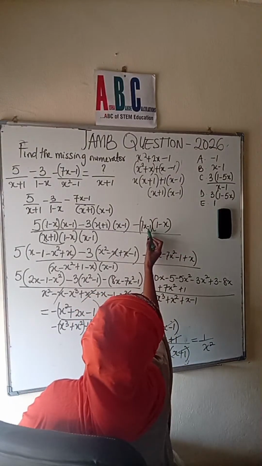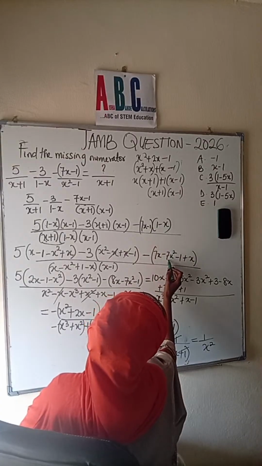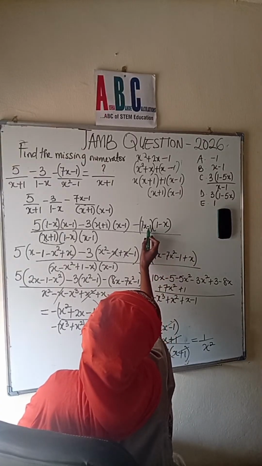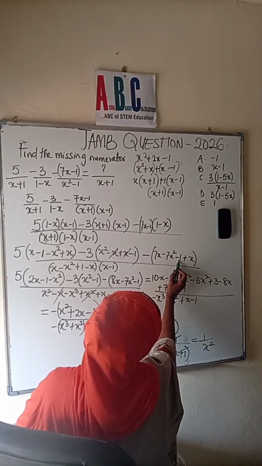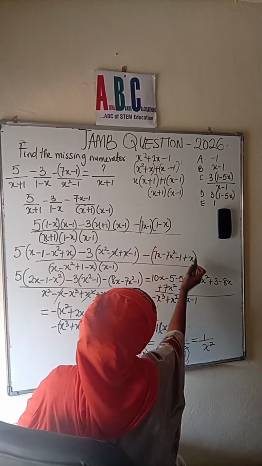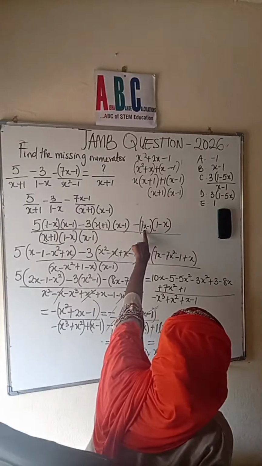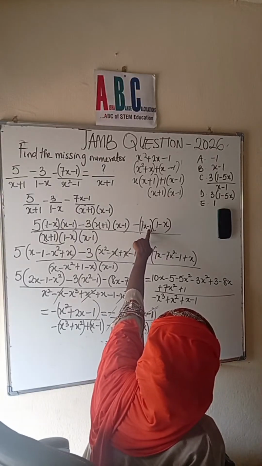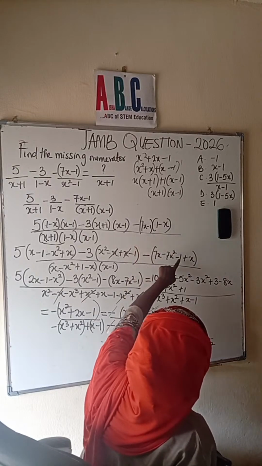See, 7x times 1 is 7x. 7x times minus x is minus 7x squared. Now, okay, minus 1 times 1 is minus 1. Okay, it's not an error. Minus 1 times minus x is plus x. 7x minus 7x squared minus 1.